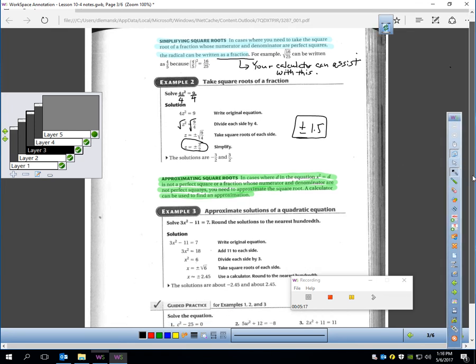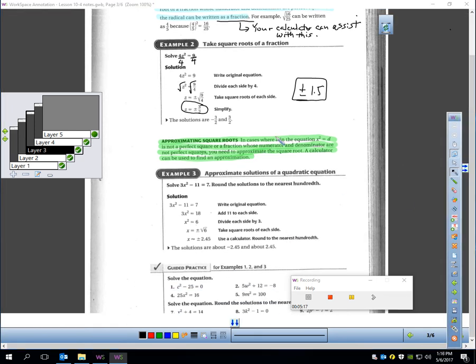Approximating square roots. In cases where the number in the equation x squared equals d is not a perfect square, or a fraction whose numerator and denominator are not perfect squares, you need to approximate the square root. A calculator can be used. Now, you can use your calculator on these anyway.